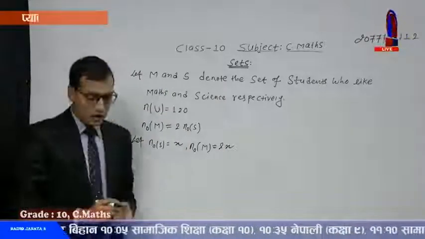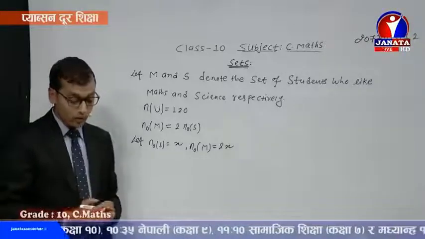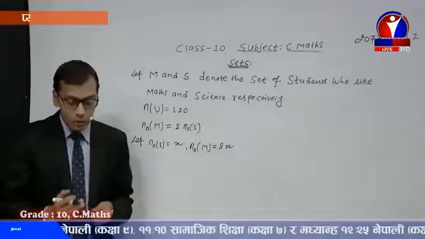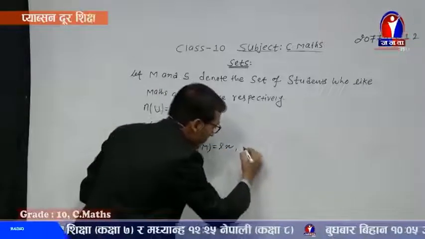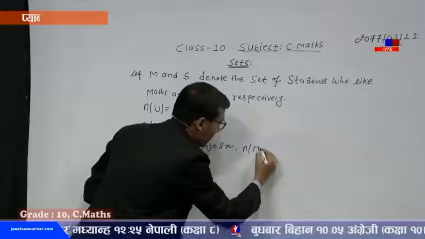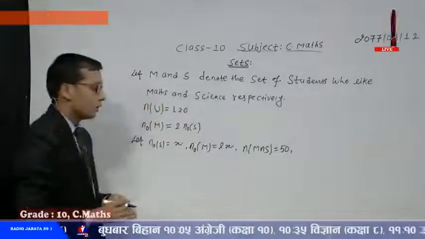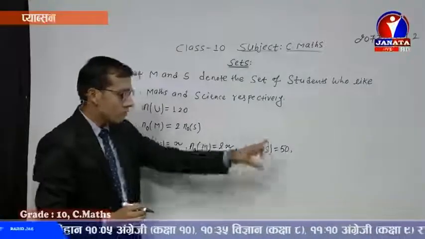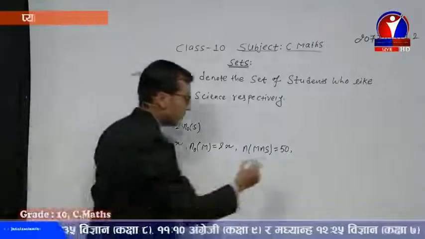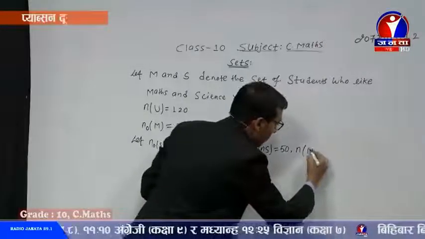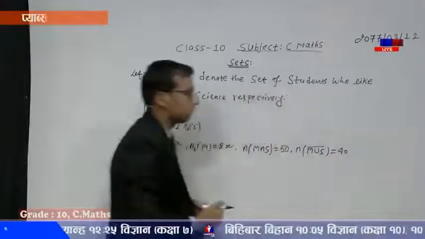So let me write other information which is given in the question. 50 students passed in both subjects, which is the intersection. So n of M intersection S is 50. And 40 students failed in both subjects. So that is the complement, n of (M union S) complement is 40.